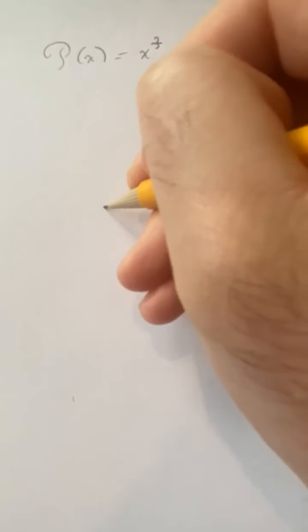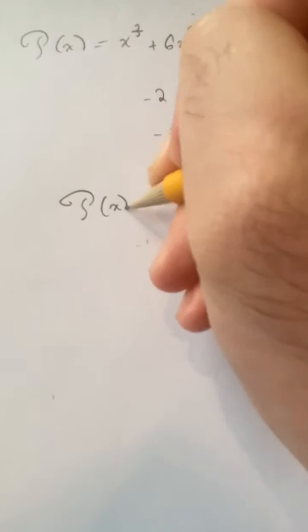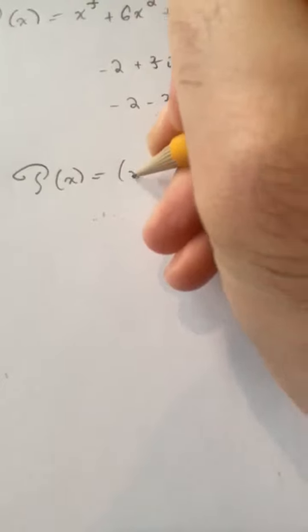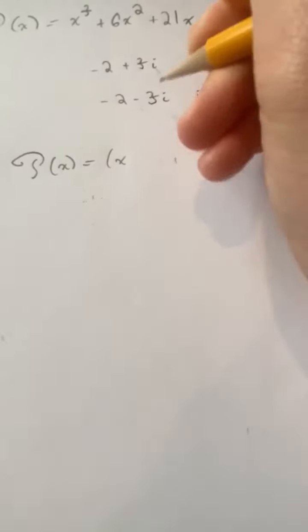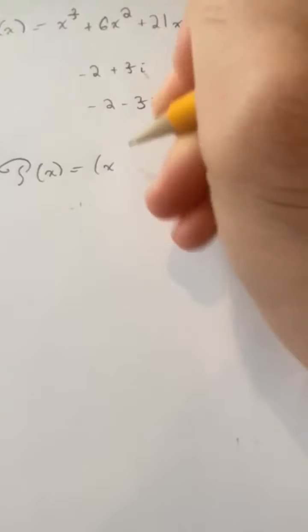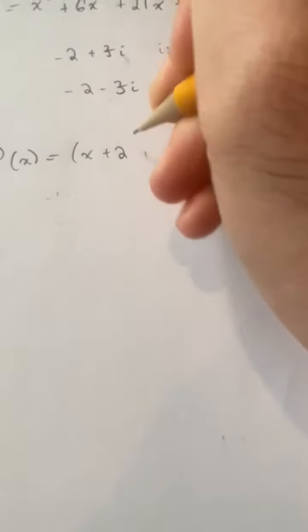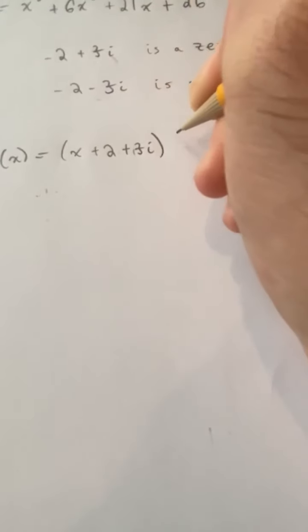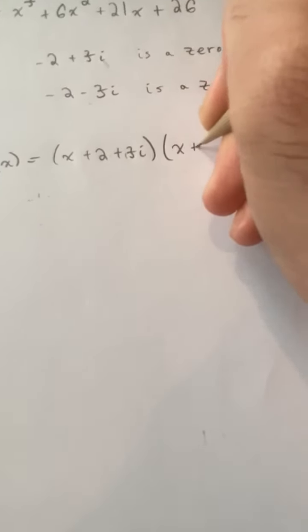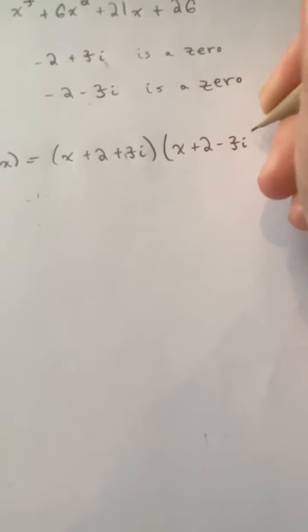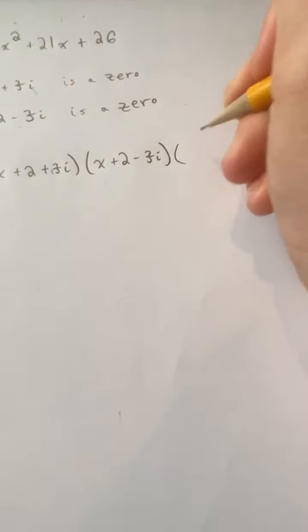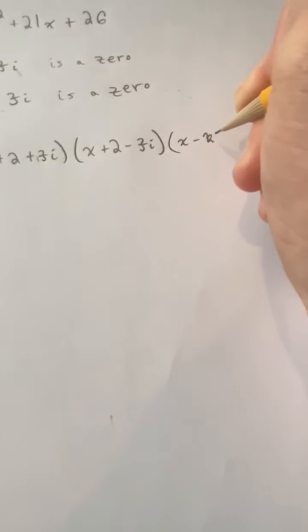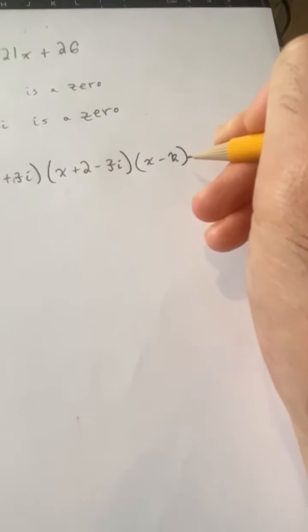So we can rewrite this as p of x equals x minus, so x plus 2 plus 3i, times x plus 2 minus 3i. And then we don't really know, it's going to be x minus something. We'll call it k, where k is that third unknown zero.